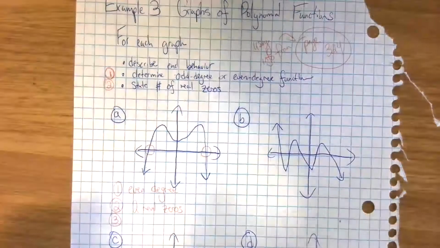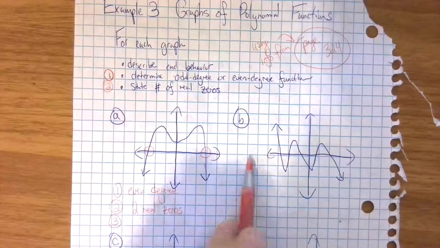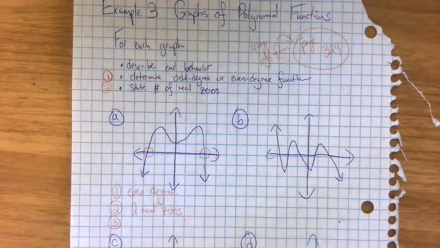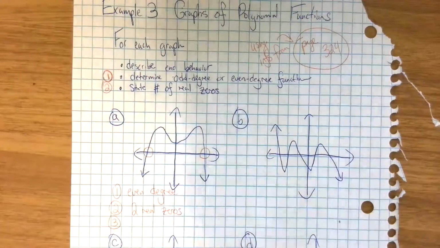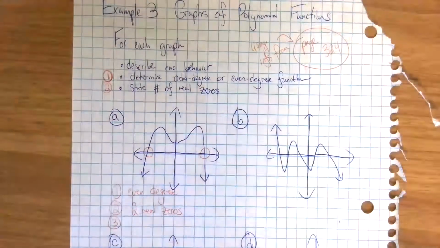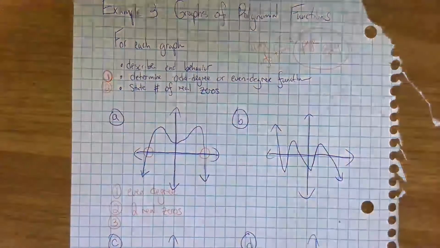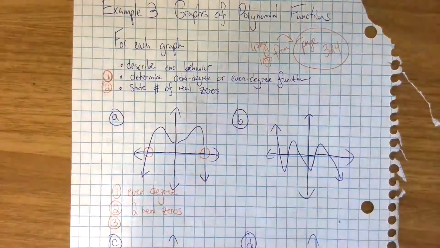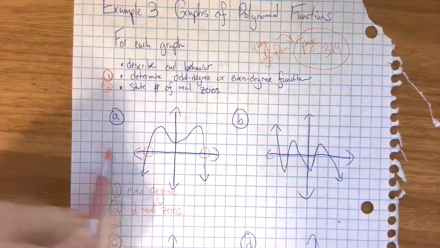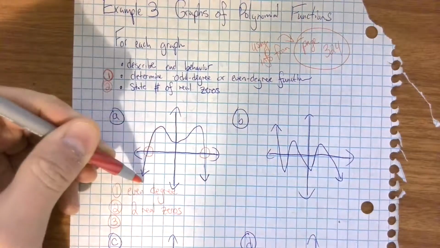What we're talking about is what happens to the function as x approaches infinity and as x approaches negative infinity. So what's happening to the graph as we go all the way to the right and as we go all the way to the left. If we look at this first function, if we're moving to the left, the graph is going down to negative infinity.